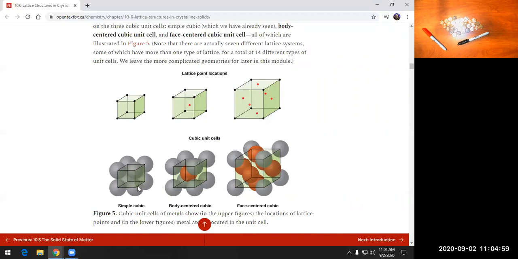So that would end up being an octahedral hole. Now, let's say a face-centered cubic structure, then dead center is going to be a hole, which is going to have 1, 2, 3, 4, 5, 6 nearest neighbors with the faces. So that's one we didn't even mention. That's a hexahedral hole.